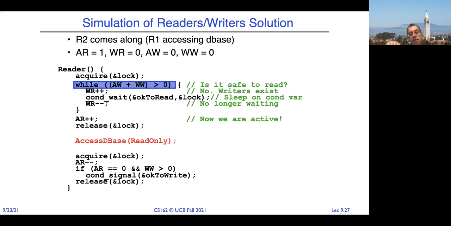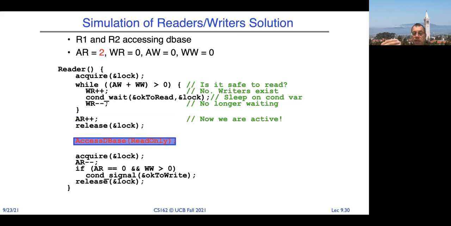No such thread is in the system. So again, you skip the while loop and you increment the number of active readers. Release the lock and you access the database. So now both R1 and R2 are accessing the database. The number of active readers is 2. All the other state variables are 0.